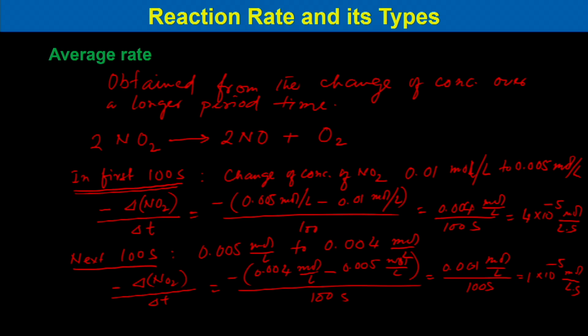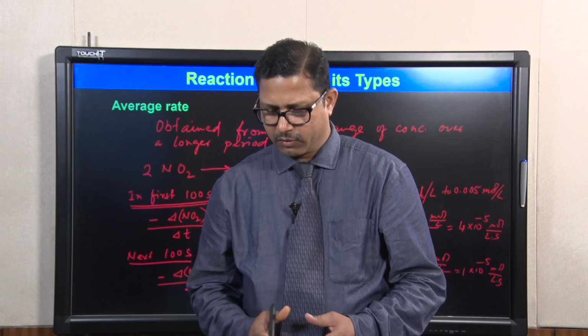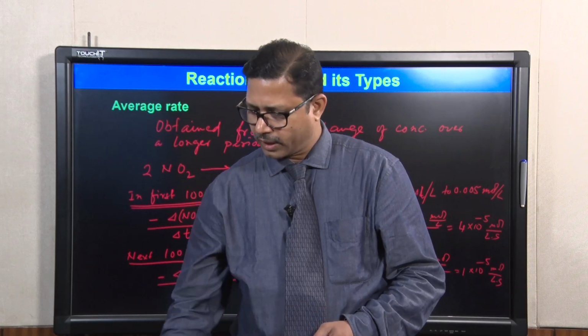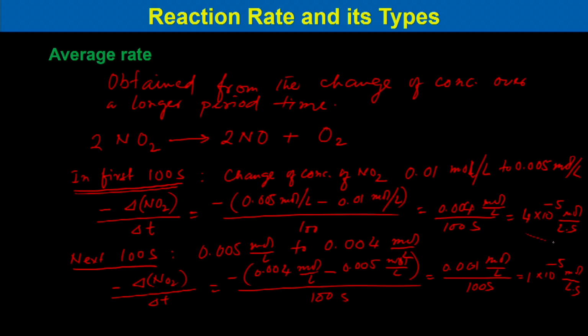So, as you can see, when the concentration of nitrogen dioxide was more, the rate of change becomes more. That means about 4 times higher compared to the next 100 seconds.